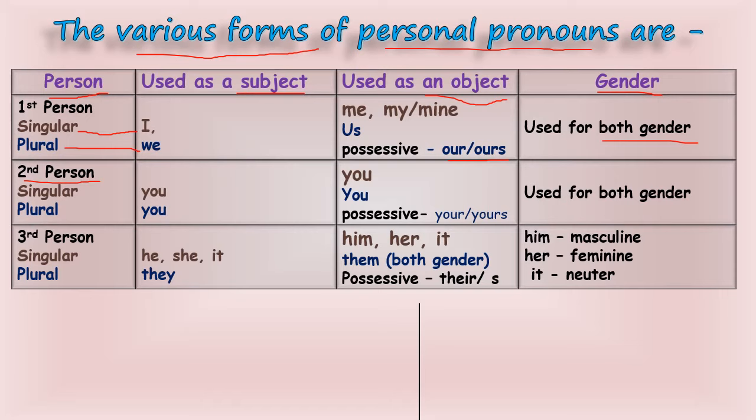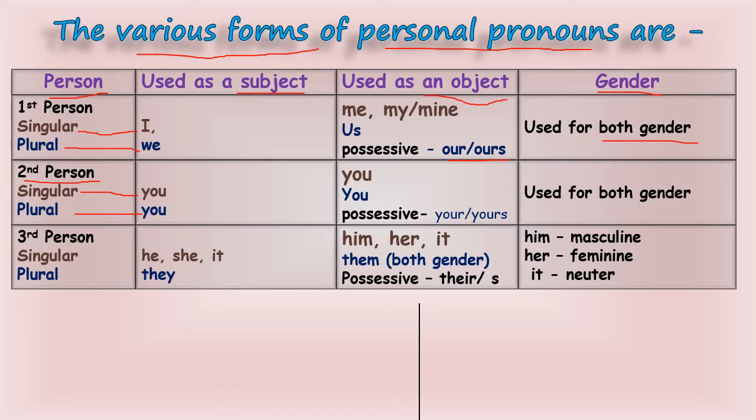Now come to the second person pronoun. Here we use you only, whether the person is singular or plural. We use you as it is the listener. First person is a speaker and second person is a listener. And in both forms, whether it's singular or plural, we use you only.